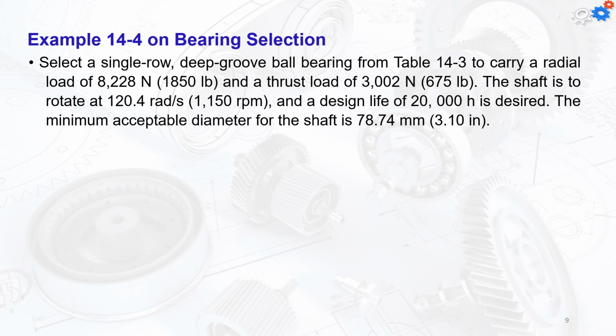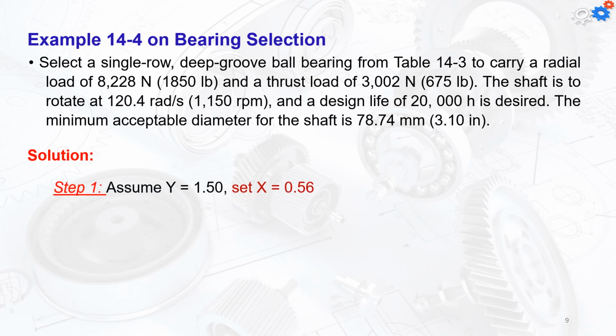The shaft is to be rotated at 120 radian per second, and the design life is 20,000 hours. The minimum acceptable diameter for the shaft is 78.74 millimeters.